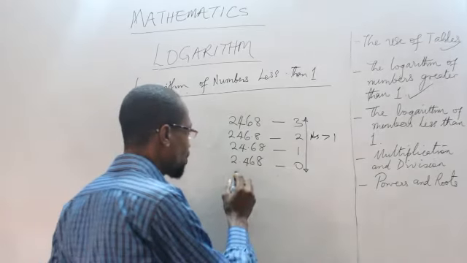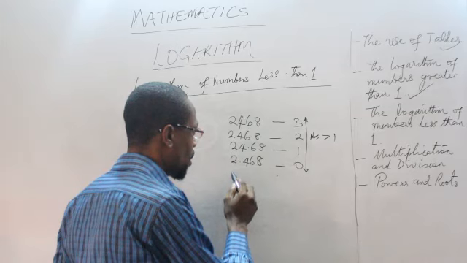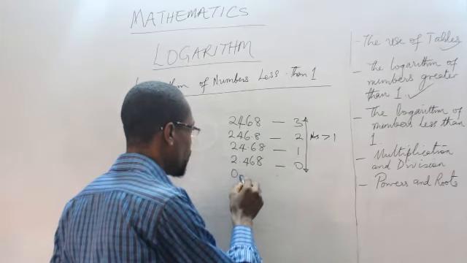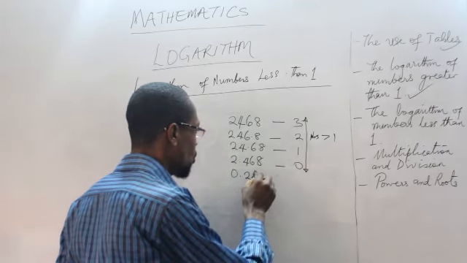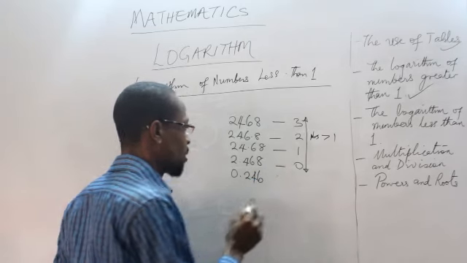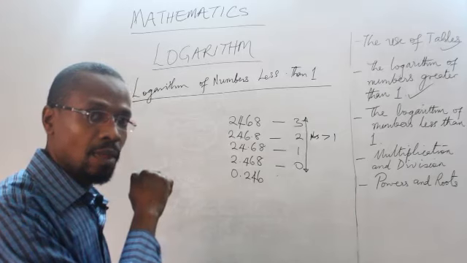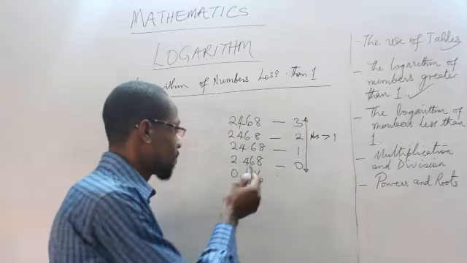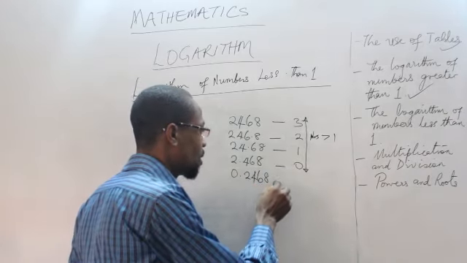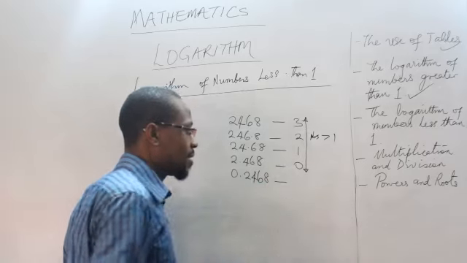Now, we can proceed to have 0.2468, okay? Now, what becomes our characteristic here?